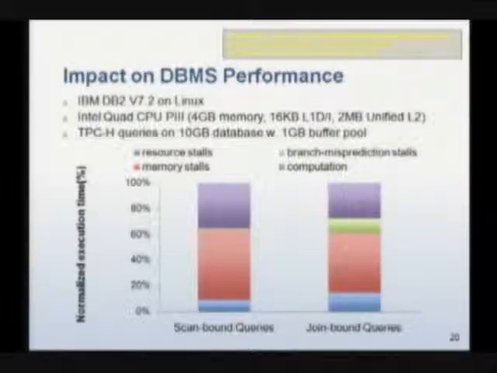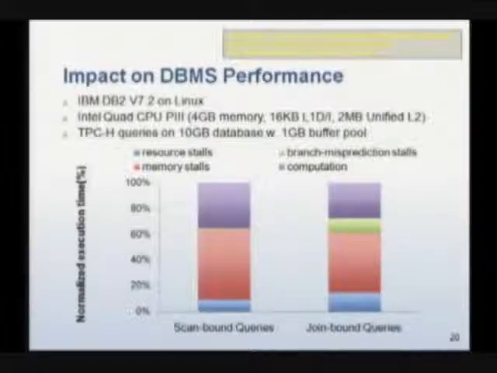And we took the TPC-H queries running on a 10 gig database with a 1 gig buffer pool. Now, there are 2 sets of queries over which we've computed some averages. The scan-bound queries are a bunch of TPC-H queries that are bound by the time to do the scans. The join queries are TPC-H queries that are constrained by the join execution time.